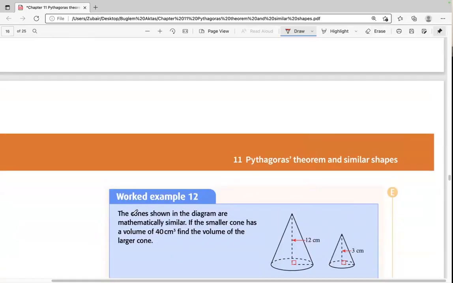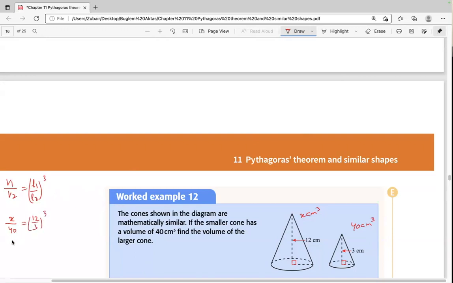The cones shown in the diagram are mathematically similar. If the smaller cone has a volume of 40 centimeter cube, find the volume of the larger cone. So the smaller cone is 40 cm cube, the larger is x cm cube. Now we use the same formula, V1 by V2 equals L1 by L2 whole cube. You can use length for height and radius and anything. So it'd be x over 40 equals 12 over 3 cubed.